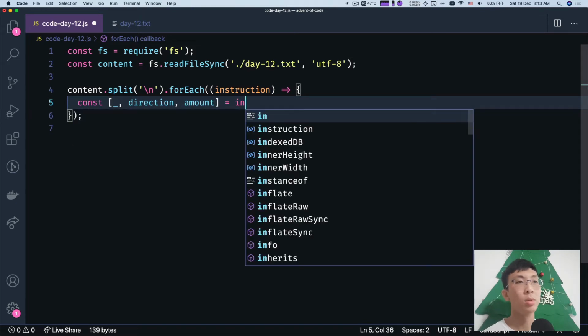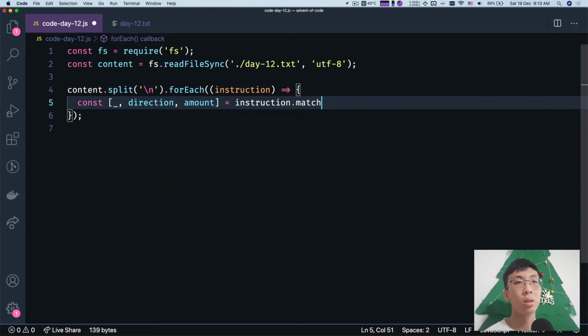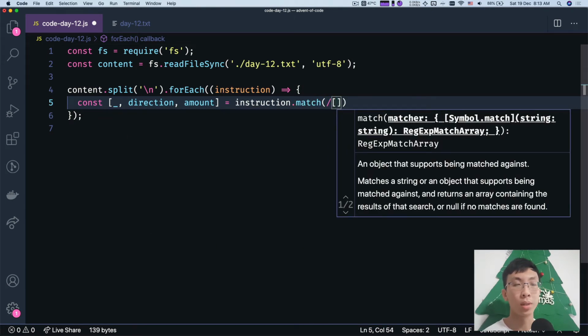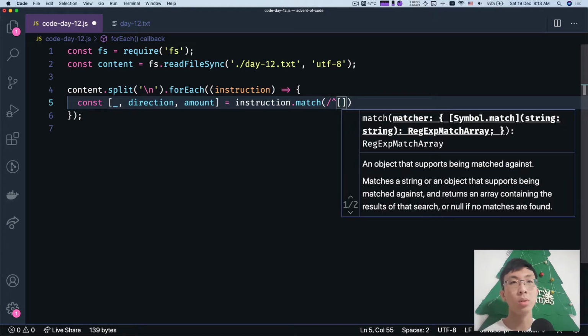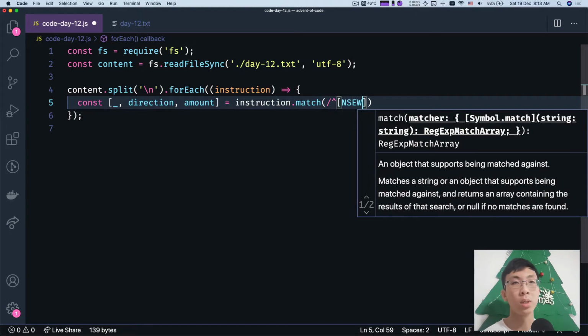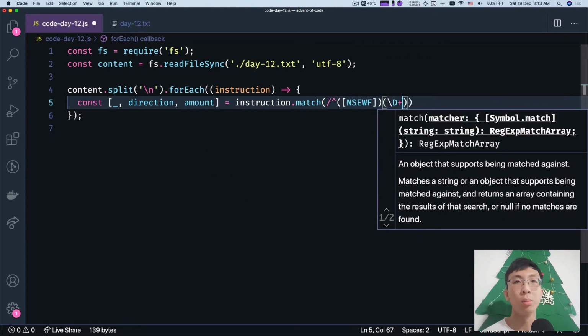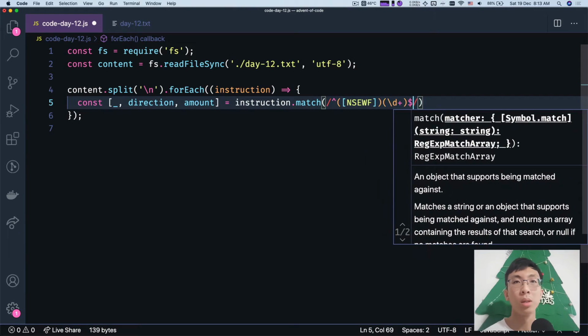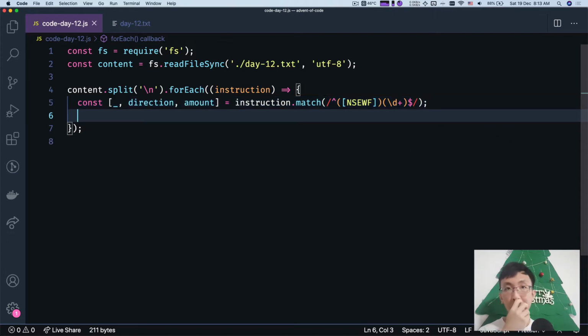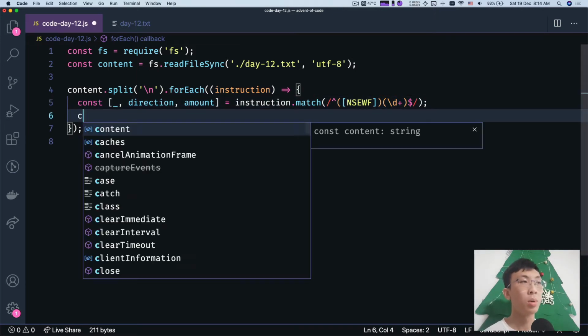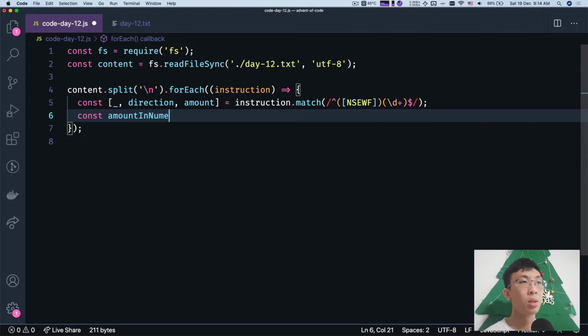So instruction.match: the character, which is north, south, east, west, or forward, and we need to capture it. We also capture the number. Now we have it, but we need to convert the amount into a number.